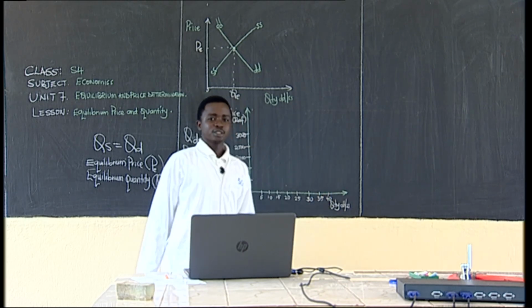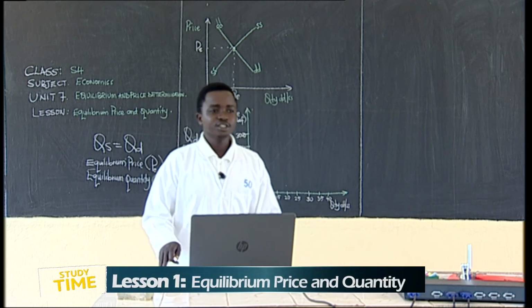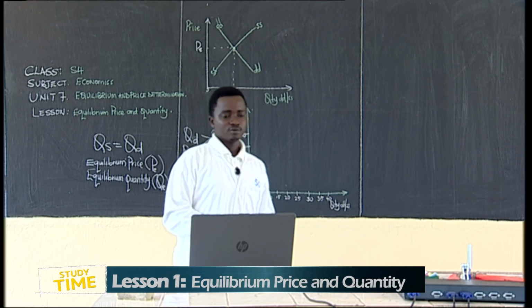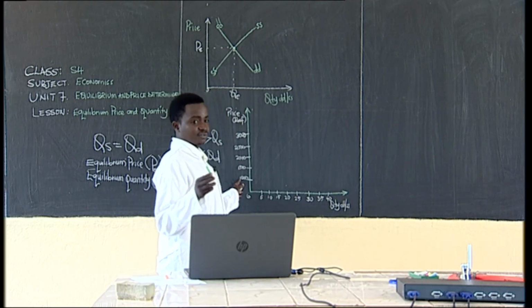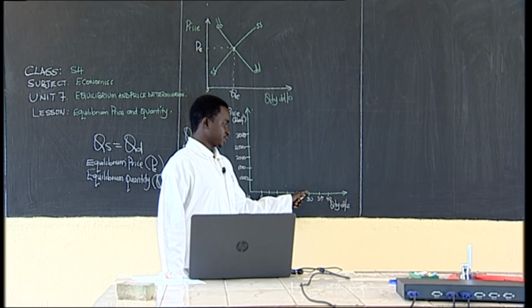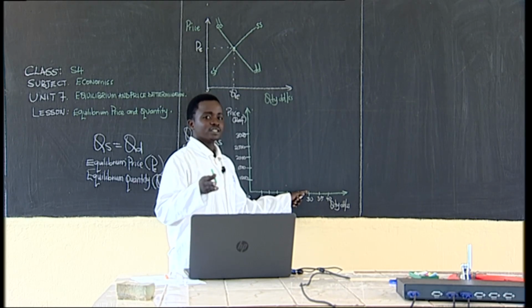So here you plot. We can begin by plotting price of meat with quantity demanded of meat. We first look at that. At 1,000, if you check very well, quantity demanded is 30 kilograms. And as price kept on increasing, quantity demanded kept on reducing.